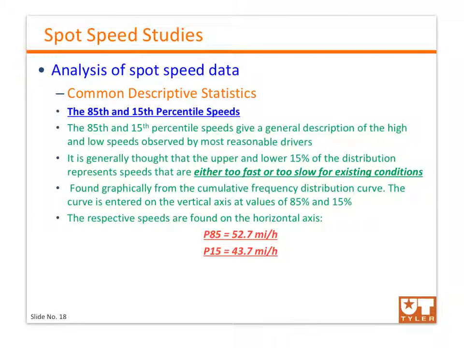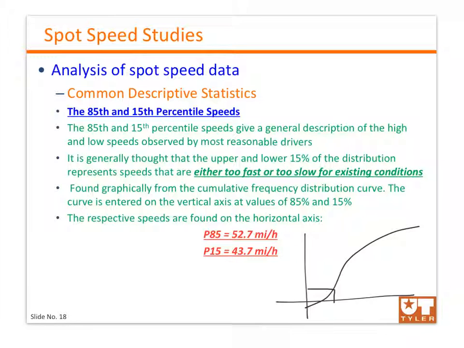You can find these two numbers graphically from the cumulative frequency distribution curve. If I draw it here, this is the cumulative, so it starts from 0 and goes all the way to 100. Basically, you enter on the vertical axis at 85 and 15%. So 15% is here. Draw a horizontal line and then a vertical line, and that would be P15, the 15th percentile speed.